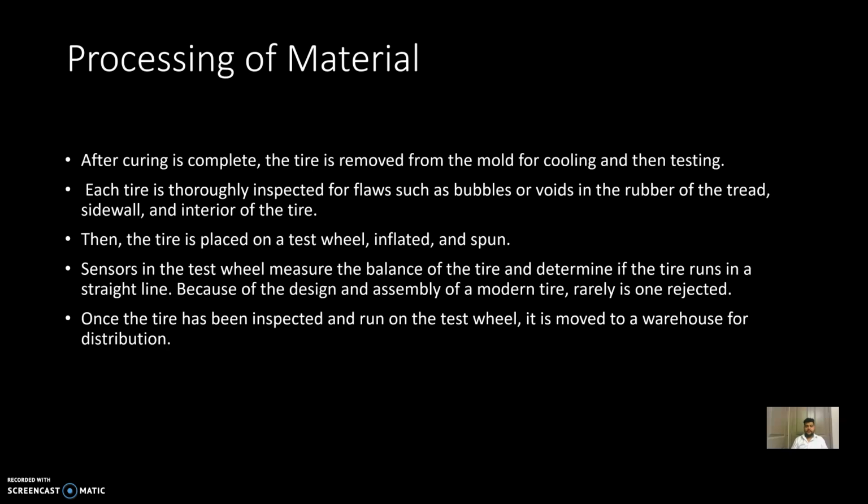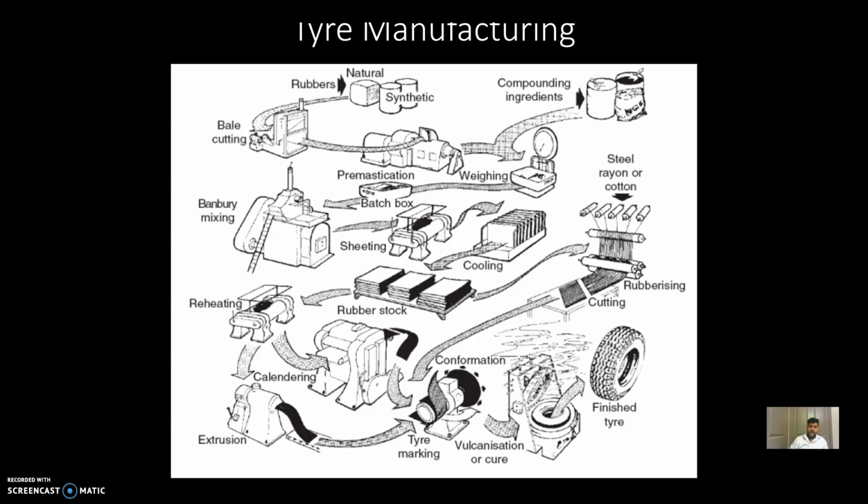Because of the design and assembly of a modern tire, it's rare for one to be rejected, so most of them will pass the test. Once the tire has been inspected and run on the test wheel, it is moved to a warehouse for distribution. And this is tire manufacturing.